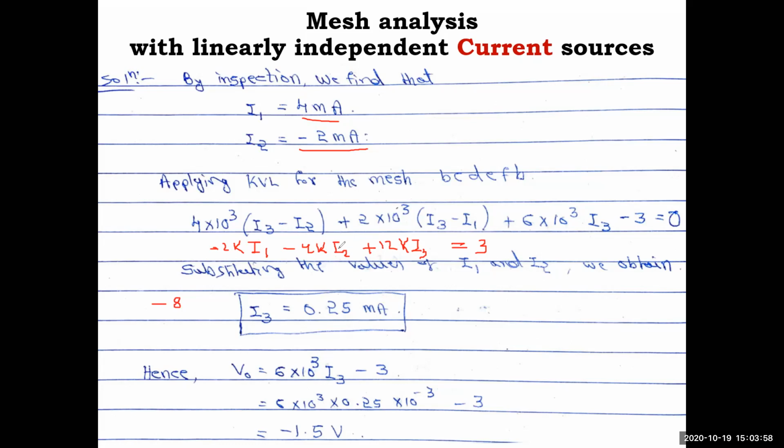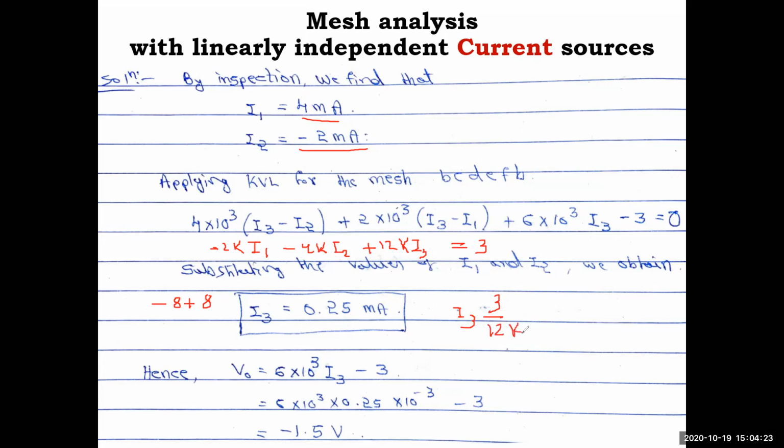So you will have minus 2 minus 4, plus 8. Clear? Then you have 12k I3 equal to 3. So what is I3 from this? These two get cancelled out, minus plus. So I3 is equal to 3 by 12k.